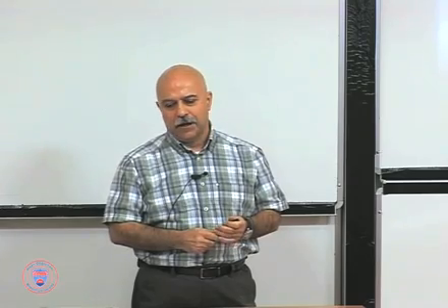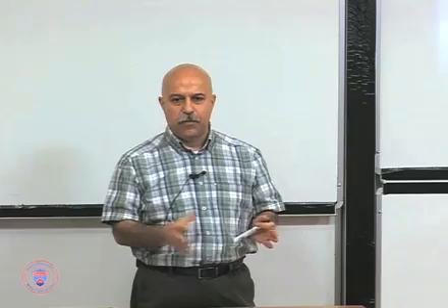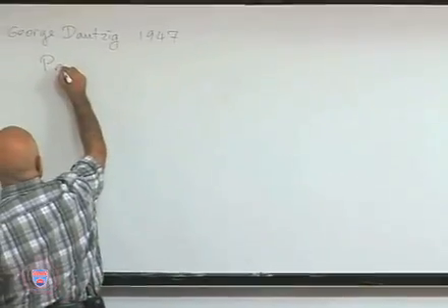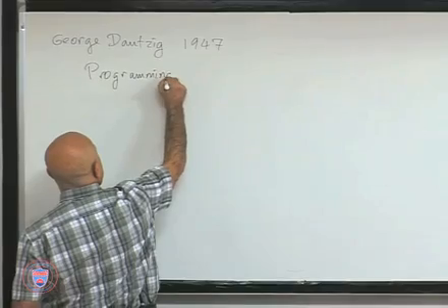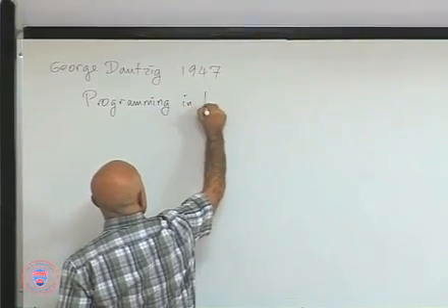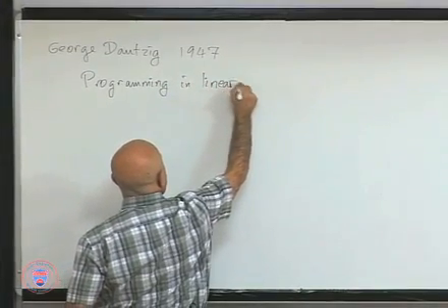And he was a hardworking and good-natured man, apparently. So he came up with what he called programming problems in linear structures. So that was the first name he put together. Programming problems or programming in linear structures.